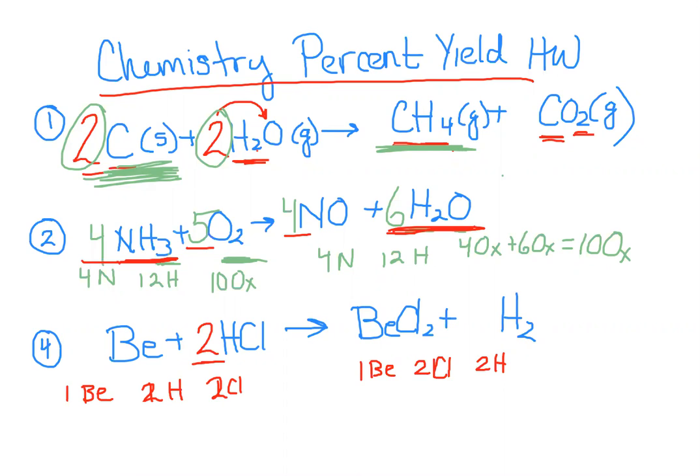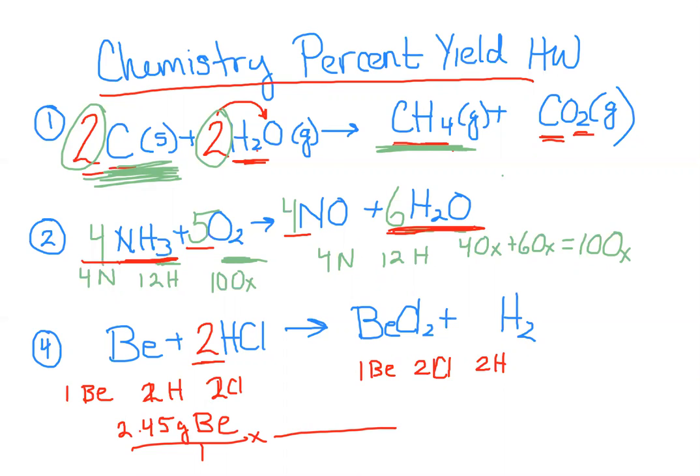It says the mass of beryllium chloride produced in the lab was 18.95. So that right there is your actual. What is the percent yield if it was run with 245 grams of beryllium? So that's what you're starting with. And you're going to change it to moles, the grams to moles, and then you're going to change it to moles of what?